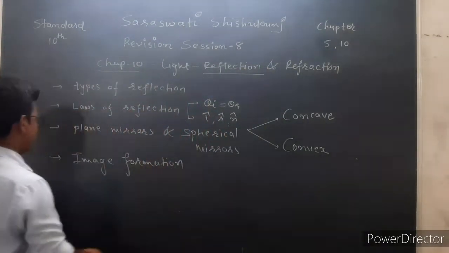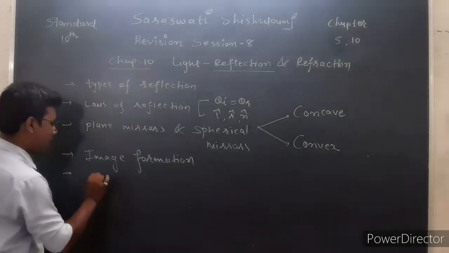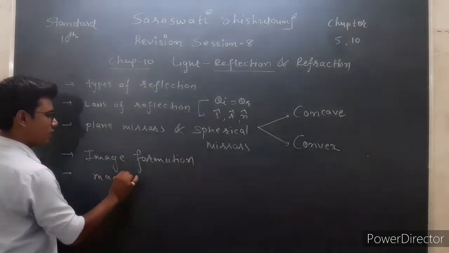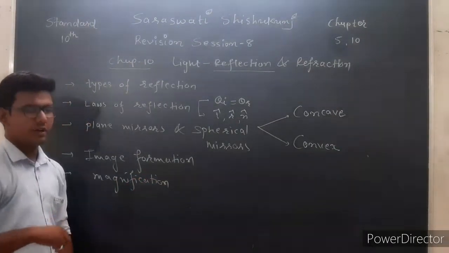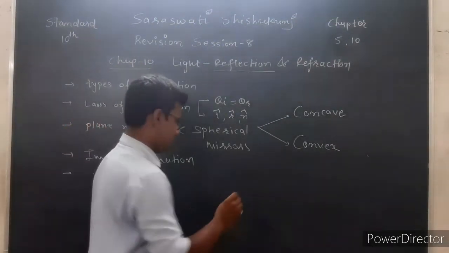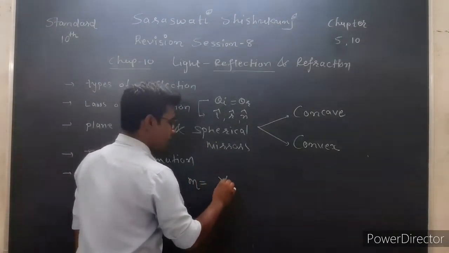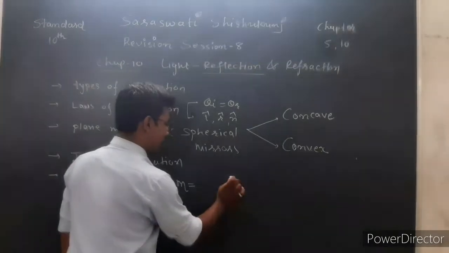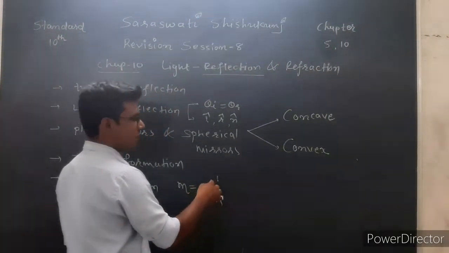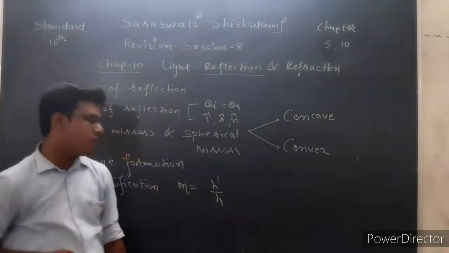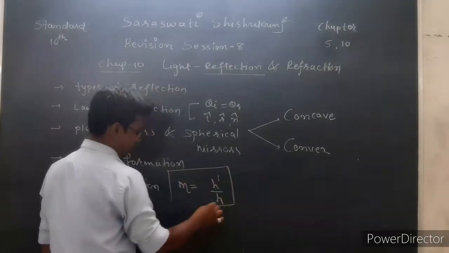One more thing which we can understand here, and it can be asked in 2 marks, is magnification by mirror. In the concept of magnification, what is magnification? We have studied for mirror h dash upon h, the ratio of height of image to height of object, that is considered as magnification.